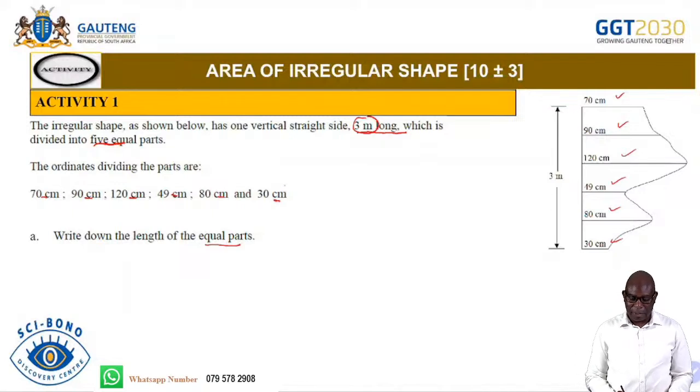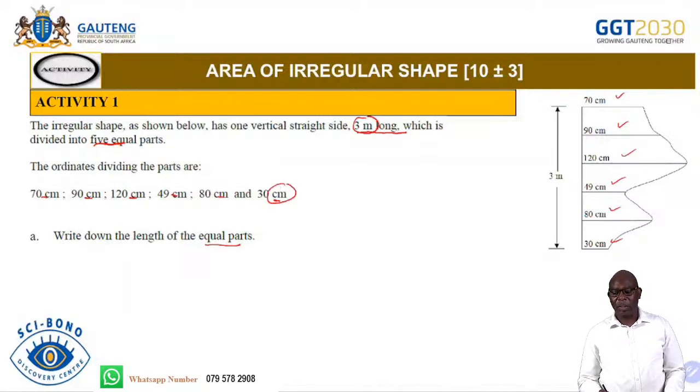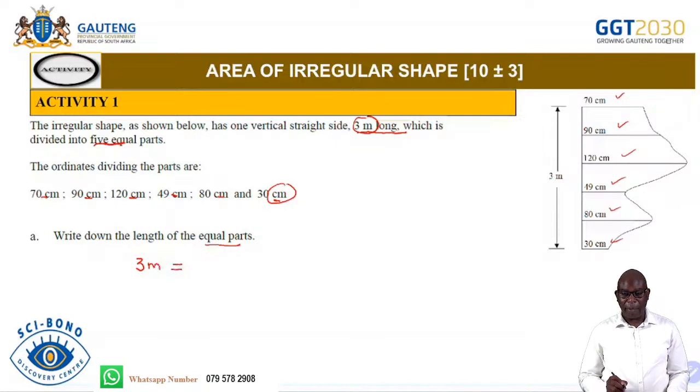Because the ordinates are in centimeters, I must change this from meters to centimeters. So if I have 3 meters and I want to change it to centimeters, I multiply by 100. So I'm going to have 300 centimeters. But then it is divided into 5 parts, so the A value will be that divided by 5.